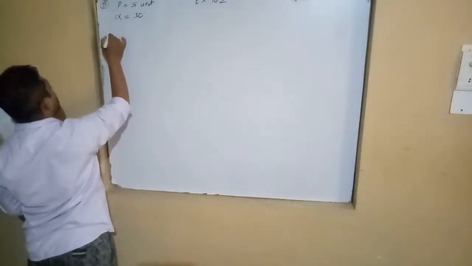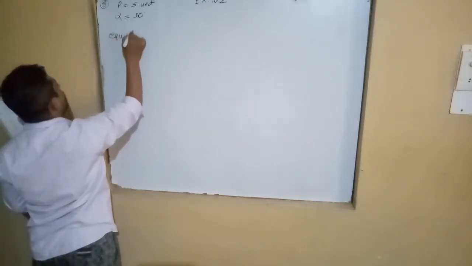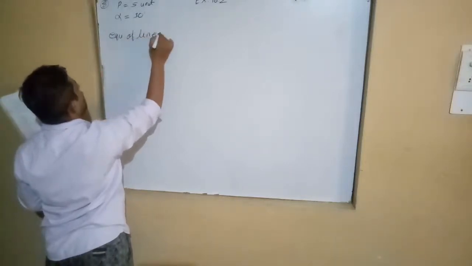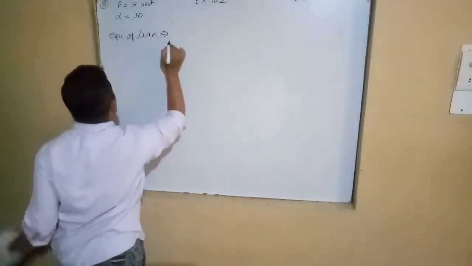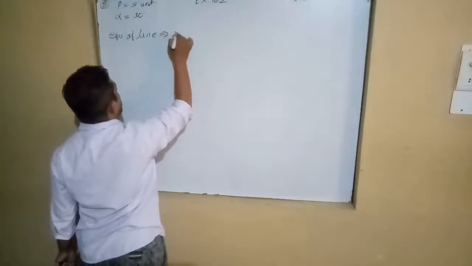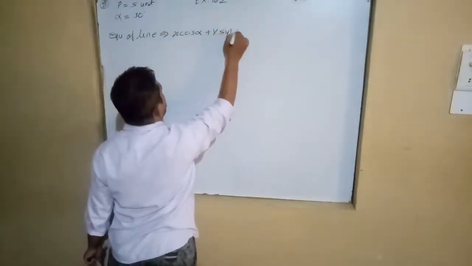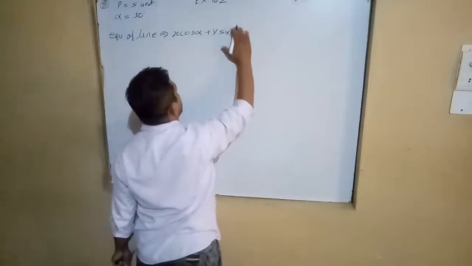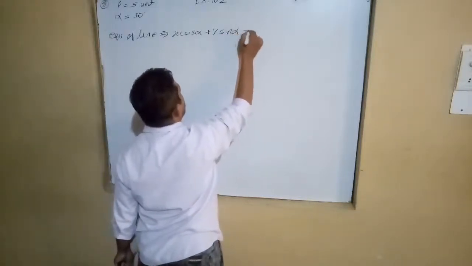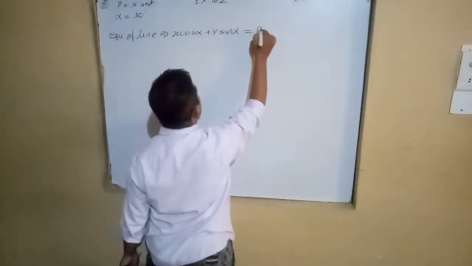So we write, therefore, the equation of line such that x cos alpha plus y sin alpha is equal to p.